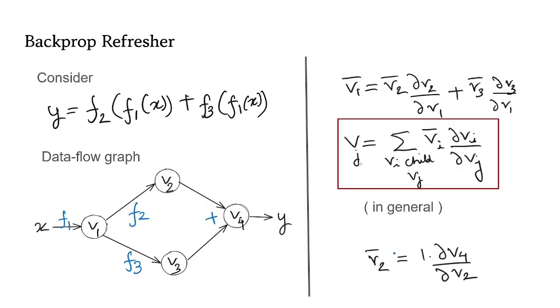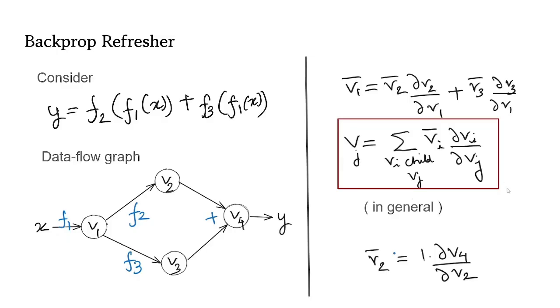For a more general case, this should be the adjoint of vj, so vj bar here, equal to the sum over all the children of vj in my computation graph. For each of them, I calculate this contribution: the adjoint of vi times the local derivative of vi with respect to vj. So we add them all up.